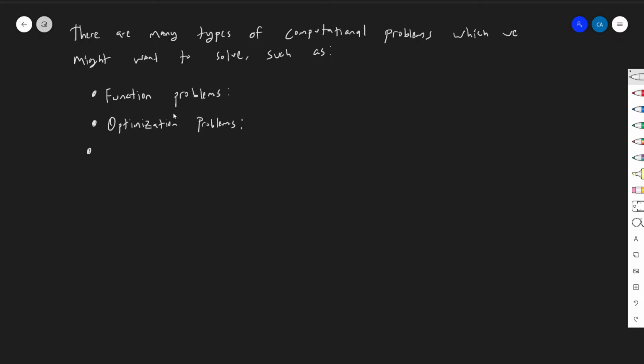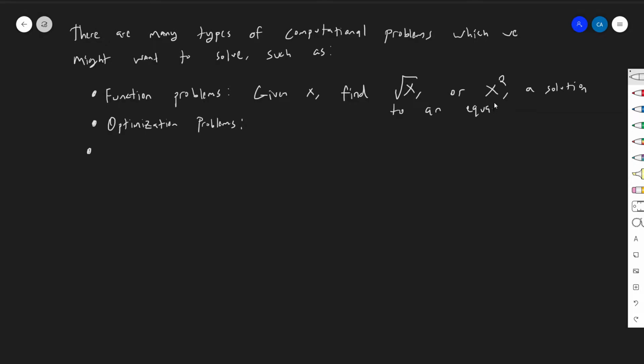A few examples, not at all exhaustive, are, well, there are function problems. So, calculating a thing, right? Given x, find, I don't know, the square root of x, or x squared, or a solution to an equation.